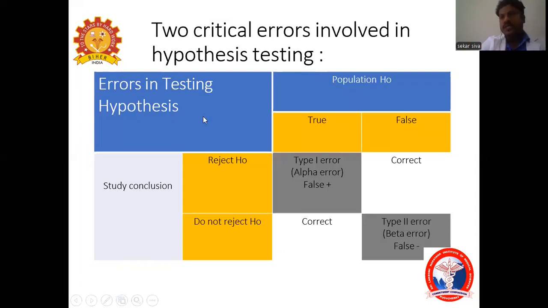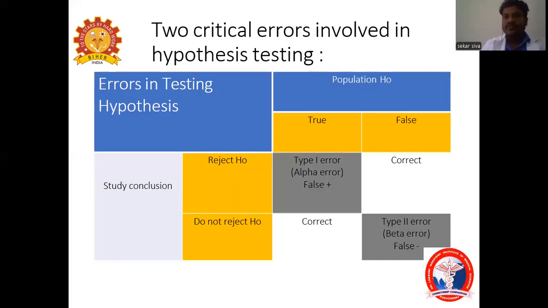What are the different errors in testing of hypothesis? If the population hypothesis is true, but the study conclusion rejects the null hypothesis, then there will be a type 1 error, which is alpha error, false positive.